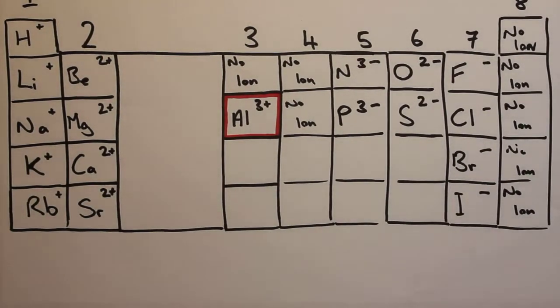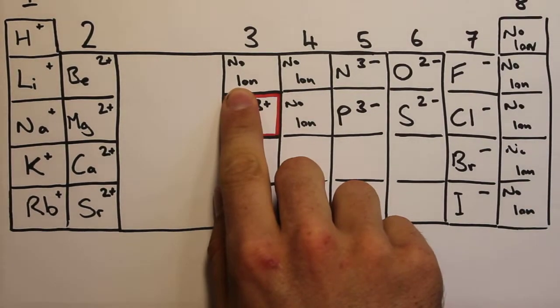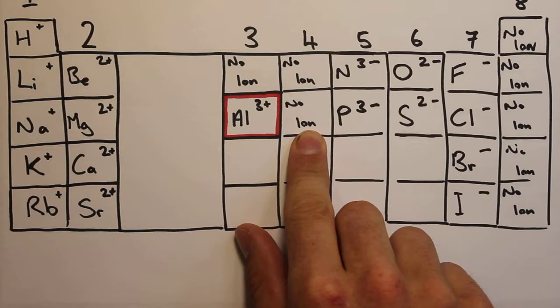What type of ion do they form? So this is a periodic table showing the charges on atoms that form after they form a bond. So we can see some form no ion. Okay, so some of these form absolutely no ion.